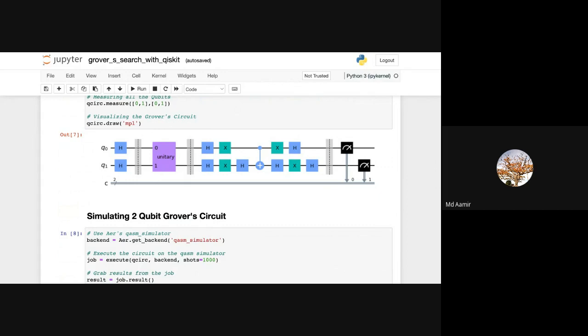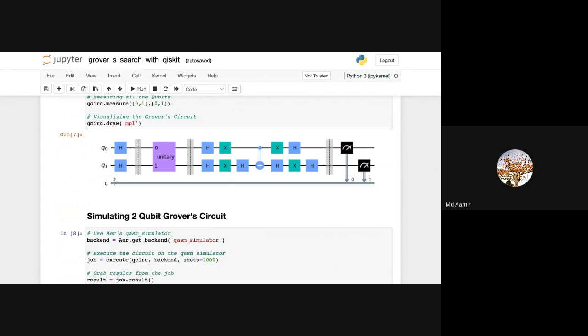If we compute the order, with N equal to 4 and M equal to 1, the total is the ceiling of pi by 4 times the square root of N by M. That comes to around 1.8 or 1.9.